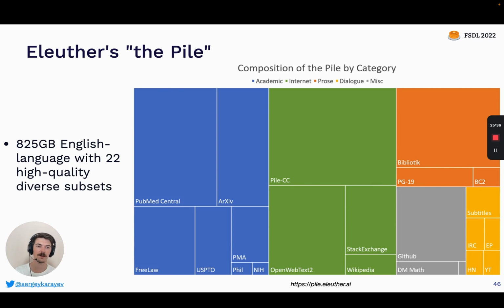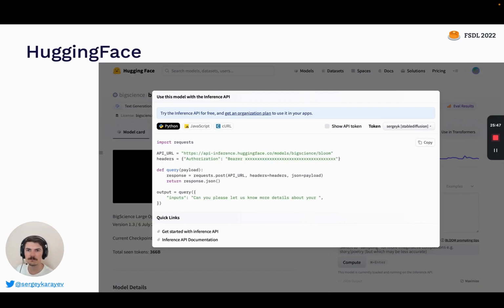There's code, GitHub. And then there's some miscellaneous stuff like IRC chat logs. This is interesting to consider, like what kind of data were these models trained on? If you want to use one of these open source models, but not have to be responsible for deploying it, you can use Hugging Face Inference API. This is a great way to do it.